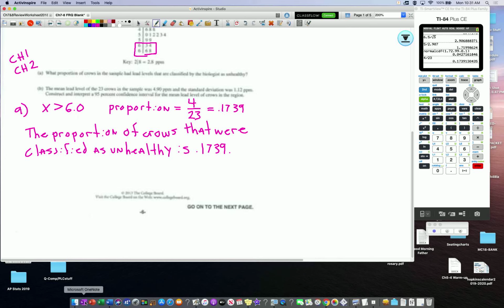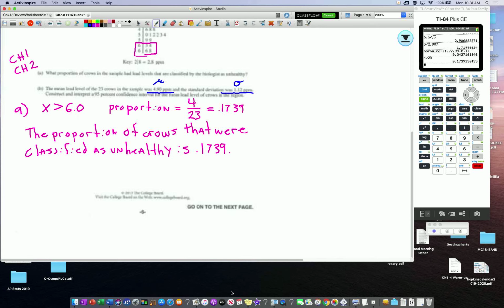Question B, however, says the 23 crows have a sample mean of 4.9 parts per million. So there's my mean. It also gives me my standard deviation of 1.12 parts per million.